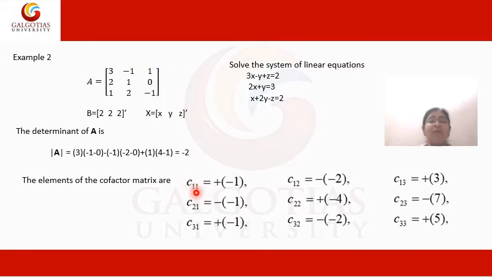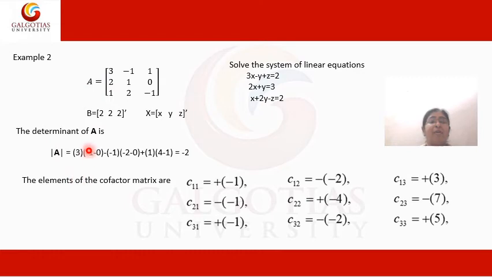So our C11 cofactor is equal to -1, C12 is equal to minus of -2, C13 is equal to positive 3, C21 is equal to minus of -1, C22 is equal to -4, C23 is equal to -7, C31 is equal to -1, C32 is equal to plus 2, and so on. In this way we can find all cofactors of this matrix A.